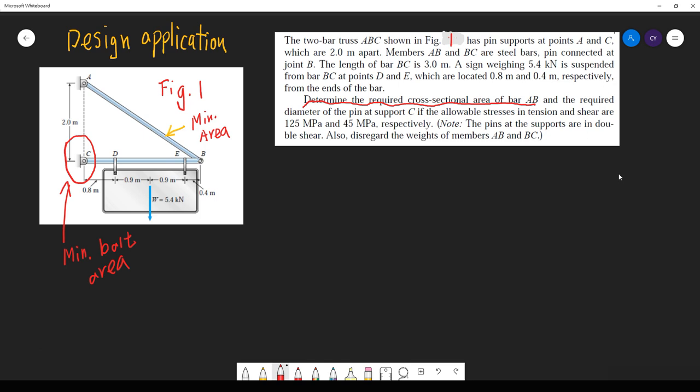That is the minimum area. And also the required diameter of the pin at support C. The idea is, if you do not have enough area here, it will collapse. So this is a typical design problem for you here.